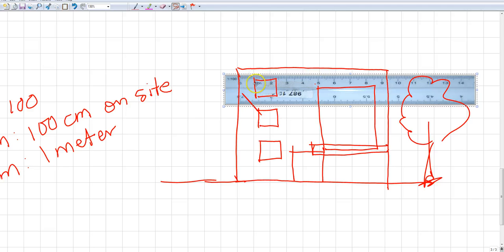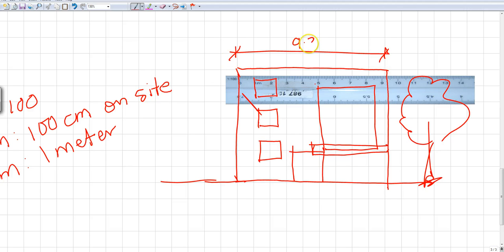See, you see 1 meter right here. So that distance is 9.3 meters, or 930 centimeters, or usually they write it as 9300 millimeters. You see how easy that was?